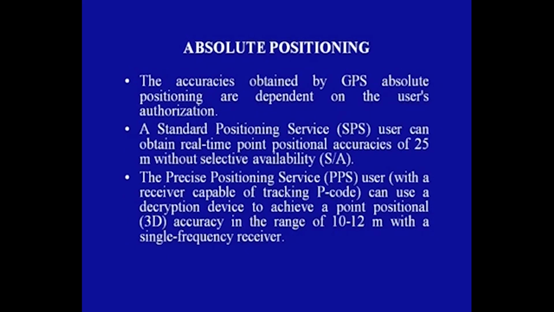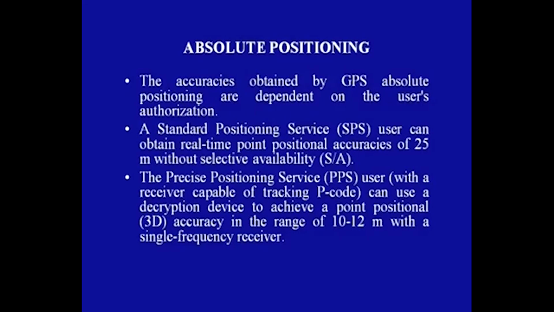The accuracies obtained by GPS absolute positioning are dependent upon the user's authorization. A user may have two types of authorization as discussed earlier, that is the standard positioning service, in short we call it SPS. Here the user can obtain real-time point positional accuracies of 25 meters without selective availability.